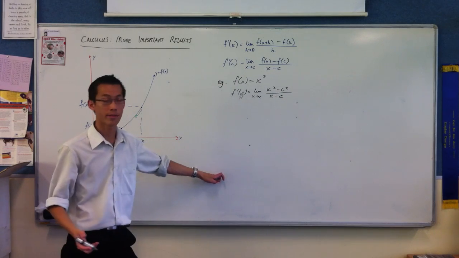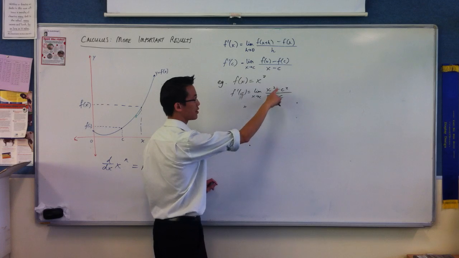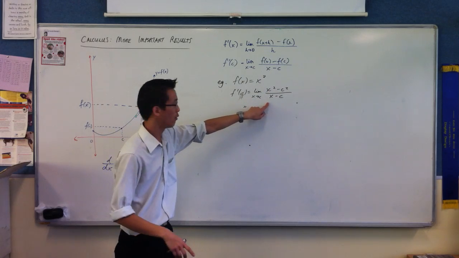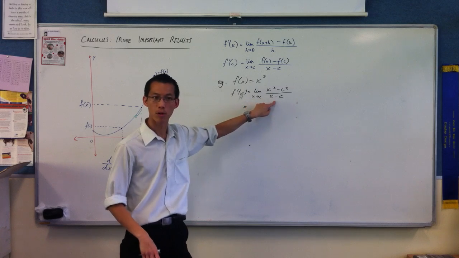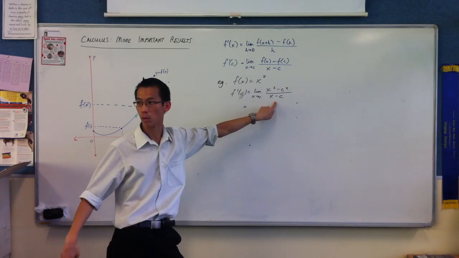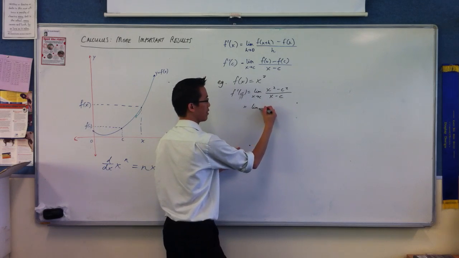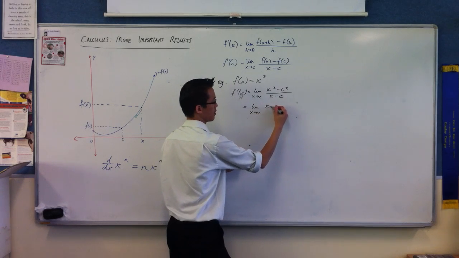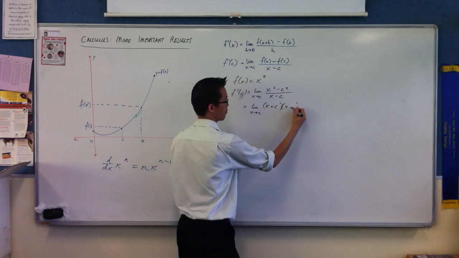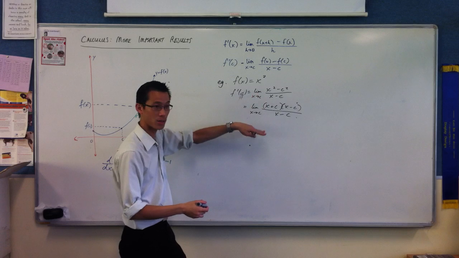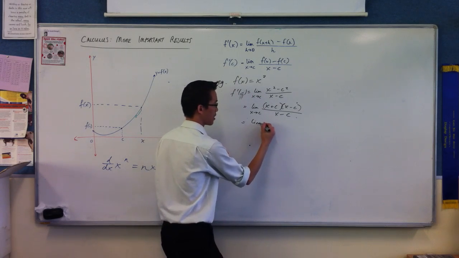Happy so far? Then you can see my goal here is that I can't simply put in x equals c, because I've got this denominator problem, so I need to get rid of the denominator problem. What should I do? Factorize. So I've got difference of squares, yeah? Happy? So you can see it cancels, and what you're left with is this.